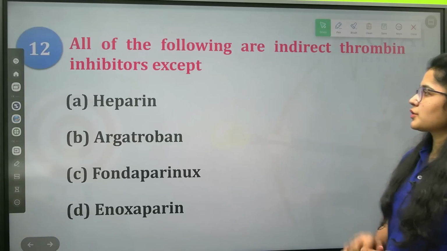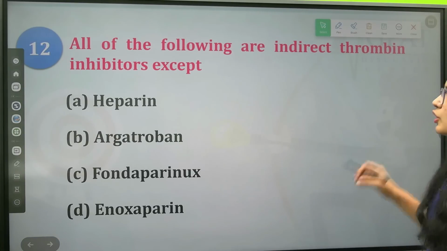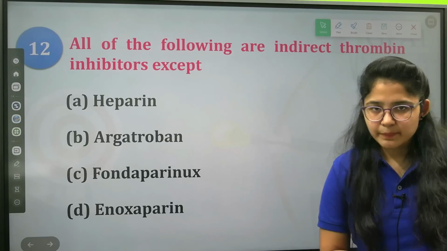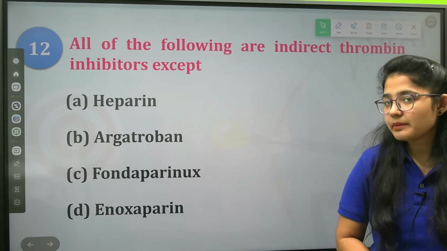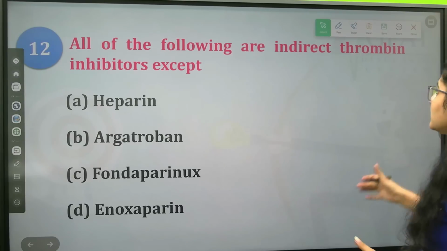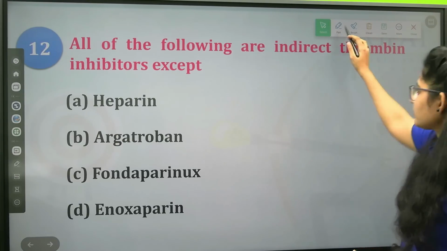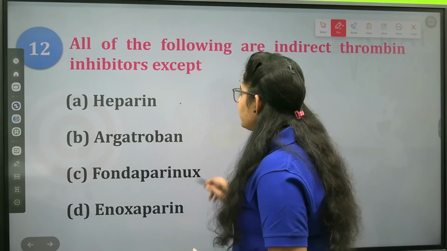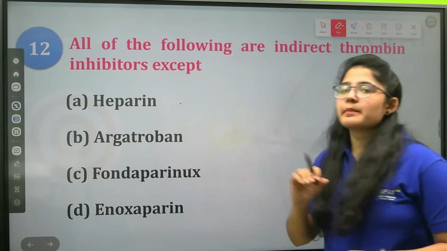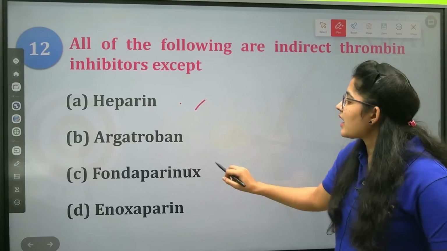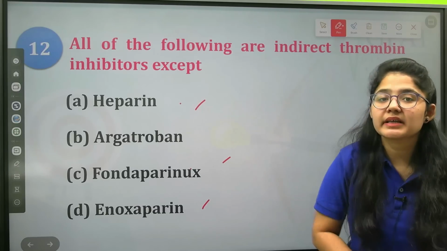Now the next question: all of the following are indirect thrombin inhibitors except. Heparin, fondaparinux and enoxaparin, these three are your indirectly acting thrombin inhibitors.